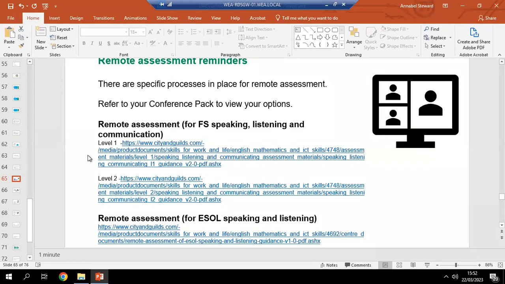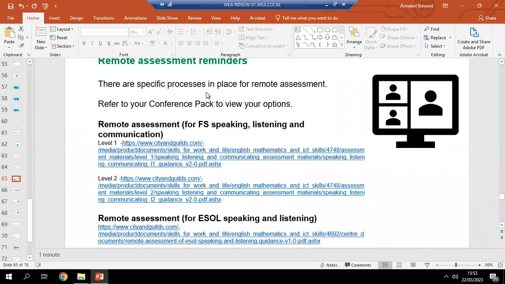Okay, fantastic. So, remote assessment. We all now know the revelation. We should have had a drum roll really. That City and Guilds have said, despite having said that we couldn't for ESOL, that we can for ESOL, and also that we can do that for functional skills as well.